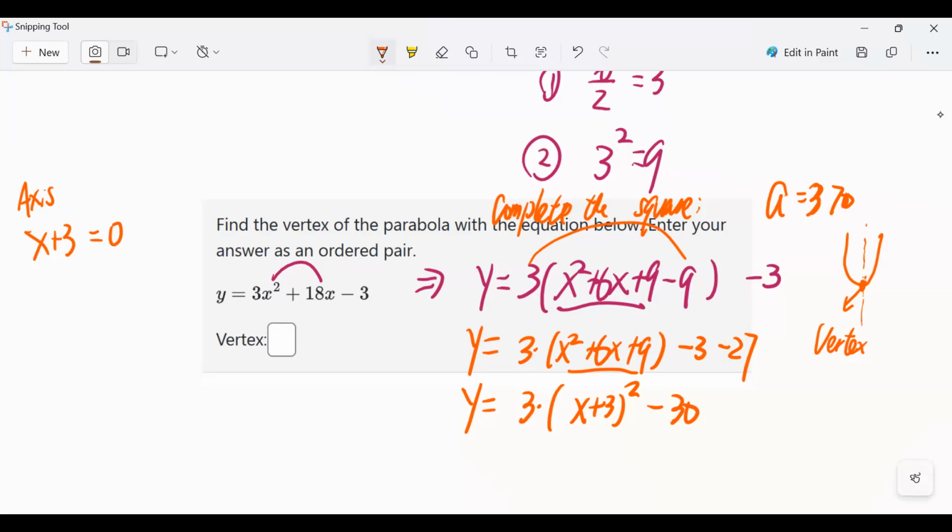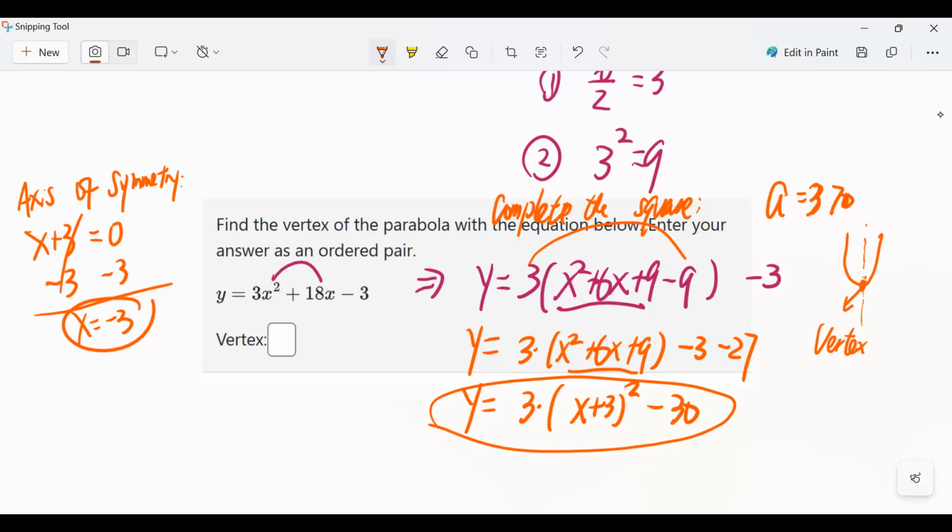That's a byproduct of this form. Subtracting 3 from both sides of the equation, we get x equals -3. That's the axis of symmetry, and also the x coordinate for the vertex. Now plug this back into the original equation to get a y value.